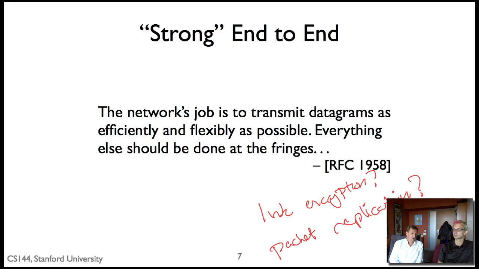And there's a very legitimate question: should the network replicate the packet, or should the sender replicate the packets? And so this is an area of lots of controversy and some great debate over the years. And so we will see that it's a guiding principle that is a very powerful principle and has served the internet well in keeping it minimal, simple, flexible, and streamlined, although there is a constant vigilance to make sure that it stays that way.